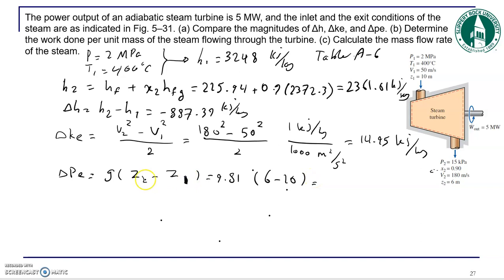And you also need to convert, similar to the above, 1000 meters squared per second squared to 1 kilojoule per kilogram, and that is equal to minus 0.4 kilojoule per kilogram.